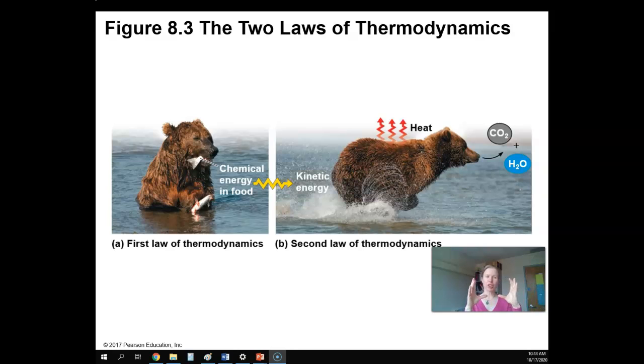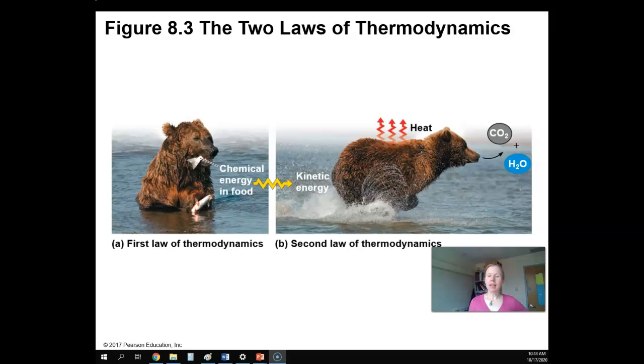There is chemical energy in that fish, and he's going to transfer that into himself. Some of that energy he might convert to kinetic energy to run. Some of that energy is being used to heat the bear. Some of that energy is going to get turned into triglycerides to be stored on the bear for later. So he might turn the fish, which is potential energy, into body fat, which is another form of potential energy. So we can just keep transferring this around. But energy is not created or destroyed.